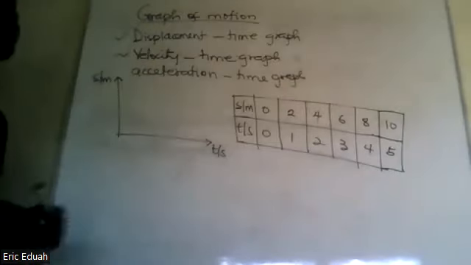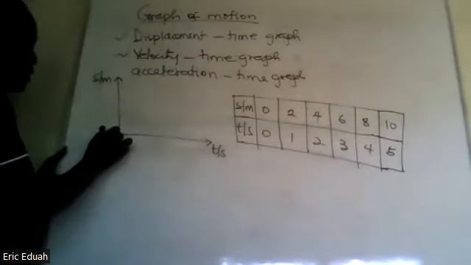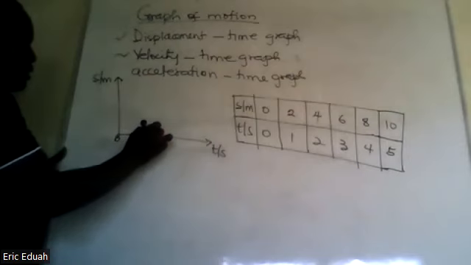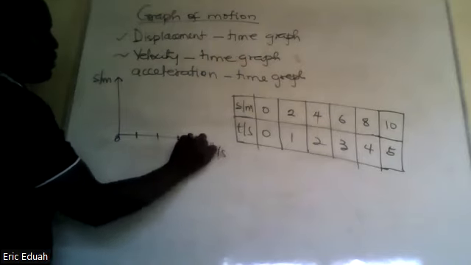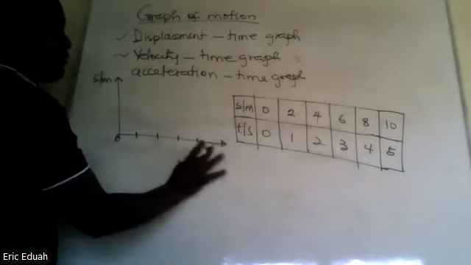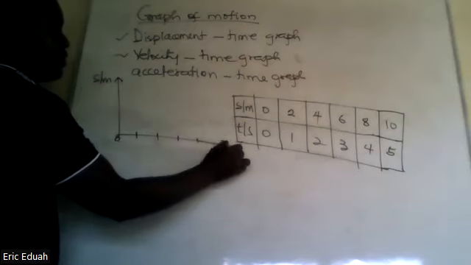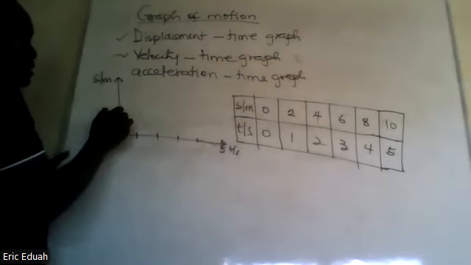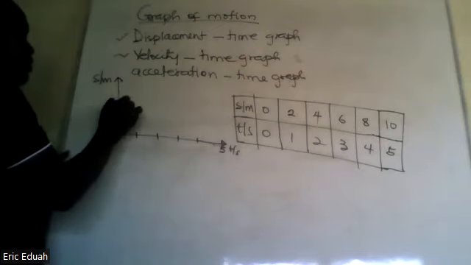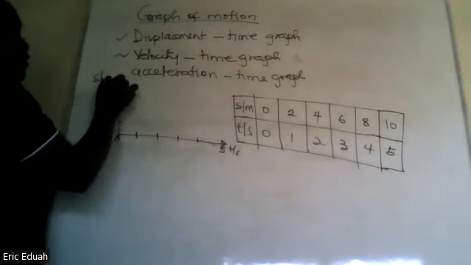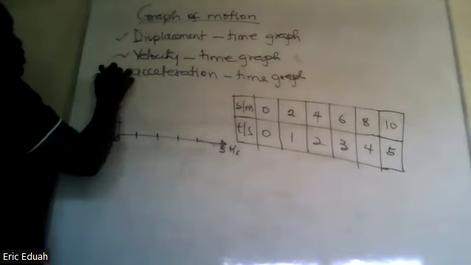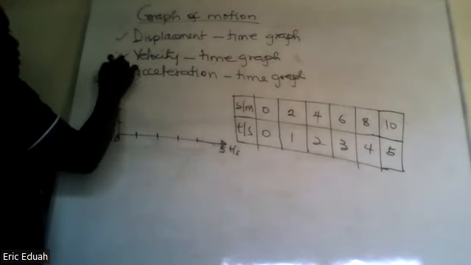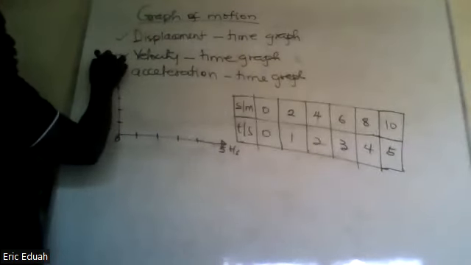Now when you plot such a motion, time 0, 1, 2, 3, 4, 5. Then the distance 0, 2, 4, 6, 8, 10.